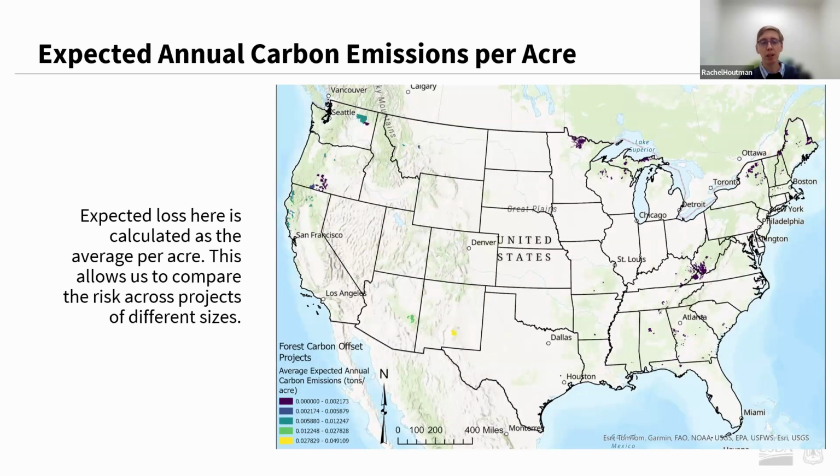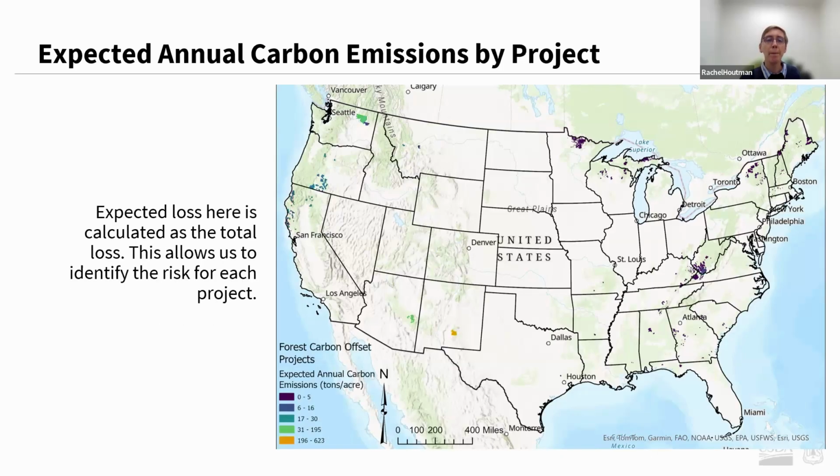So this allows us to compare the risk across different projects of different sizes. At the same time, each project is going to want to know how much carbon they're expected to lose in a given year for that buffer pool. In this case, we sum that expected loss over the area, and we end up with our highest loss down here of potentially 623 tons total.